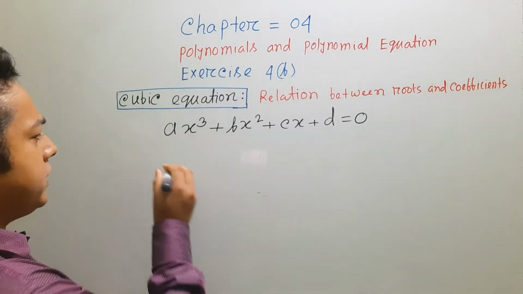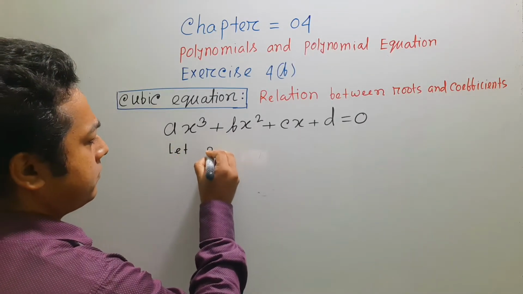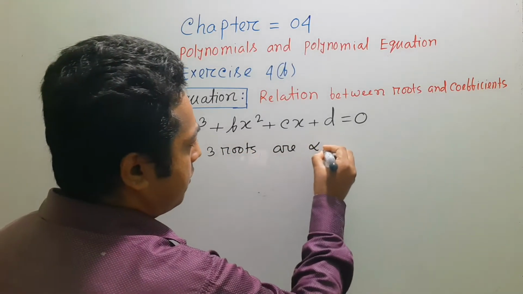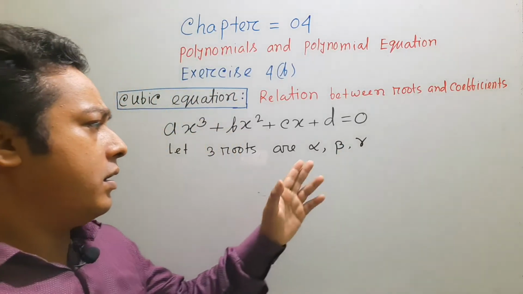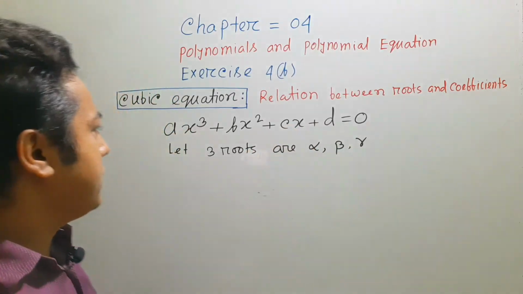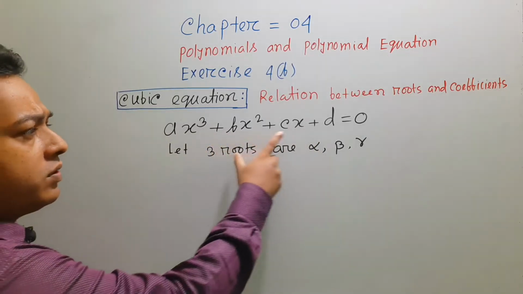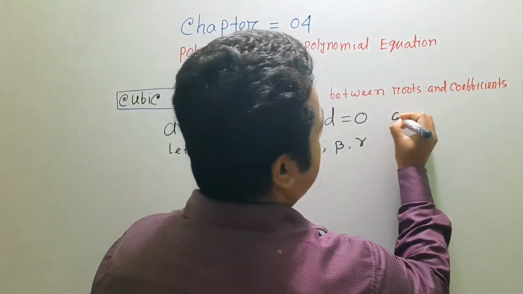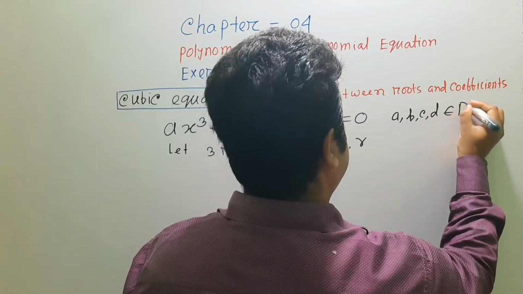Let's say the 3 roots of this cubic equation are alpha, beta and gamma, where a, b, c, d belong to real numbers.